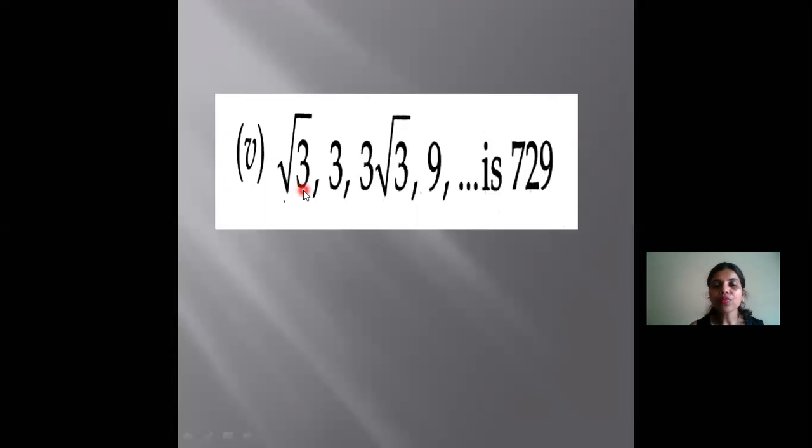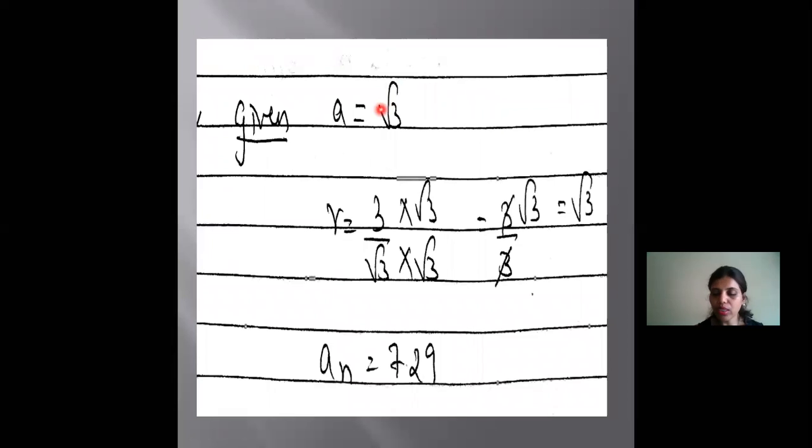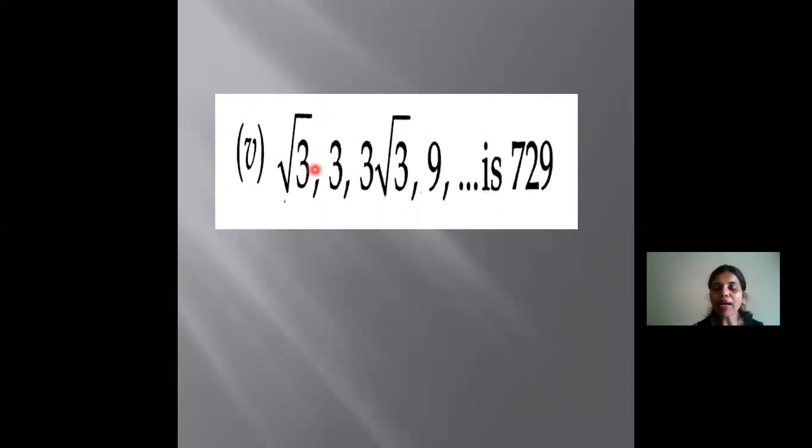So here a you can see is root 3. The second term is 3 and the nth term is 729. So we will write the given thing first. A is root 3. Now for finding the value of r, second term is divided by first term, means 3 divided by root 3.